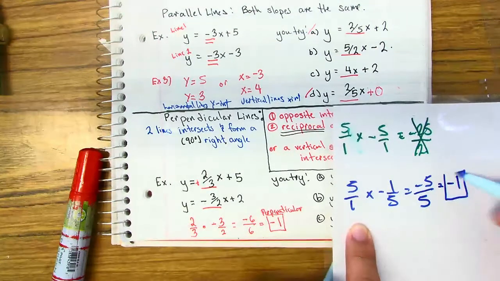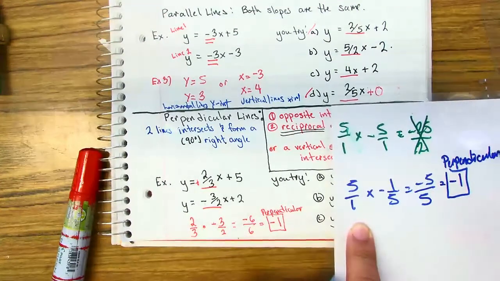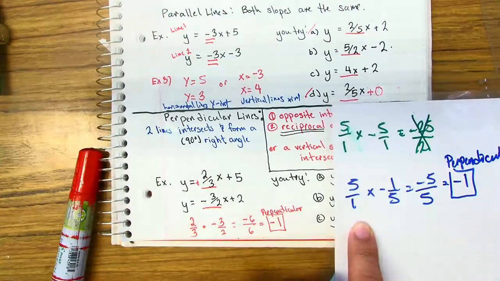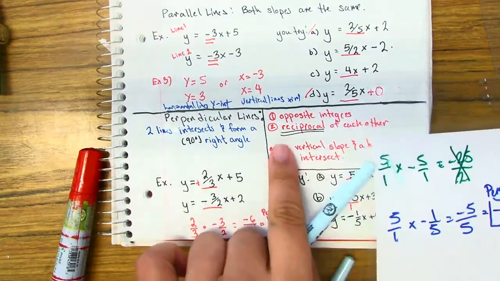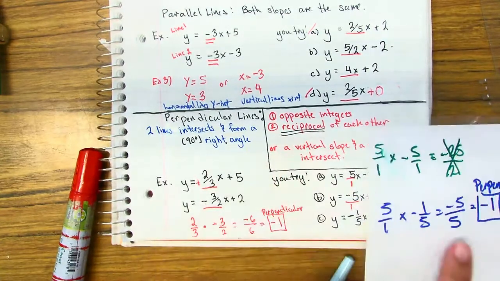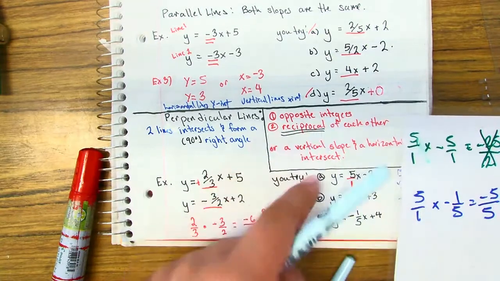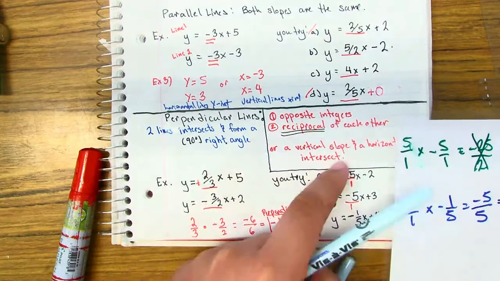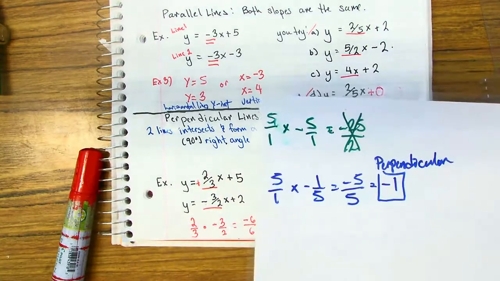Since I know it equals -1, then I know that they are perpendicular. This is for the students that are not sure of yourself. If you don't really believe the opposite integers and reciprocal rule, then you can just multiply the two slopes, and then you can find if it's perpendicular or not. That's just an example of how to do it.